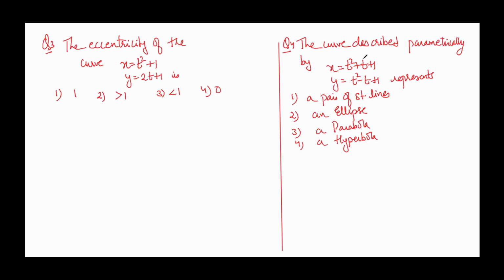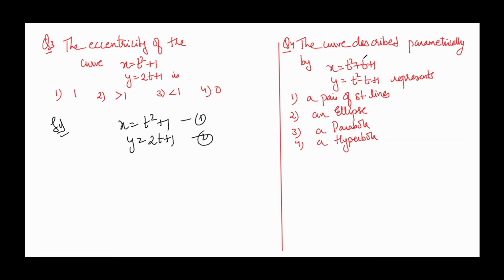And when we get the equation of that curve, then we can easily find out its eccentricity, because eccentricities are fixed. So how do we do this? We just eliminate t from these two equations.